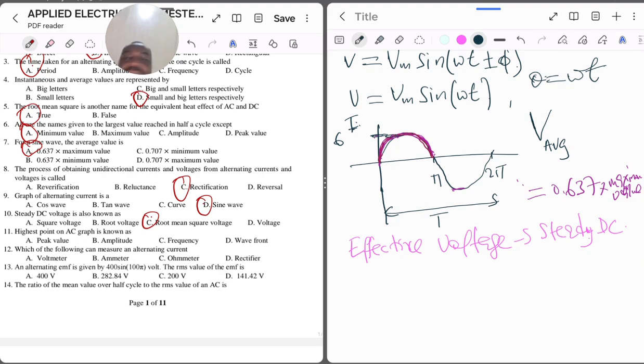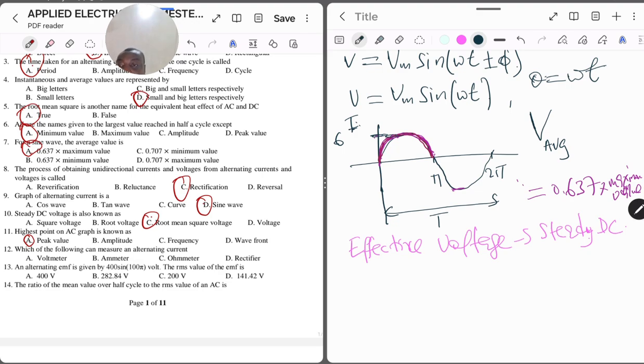With this question 11, when you look at this, we call it a peak value, which is A. And then we have B here, amplitude. So this one is also correct. So it's both A and B, they are both correct. If you pick any of these, I think when we were correcting this, that's how we did it. If you select either A or B in question 11 here, you are correct.